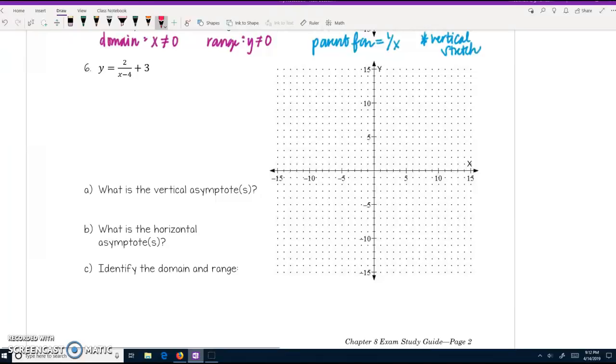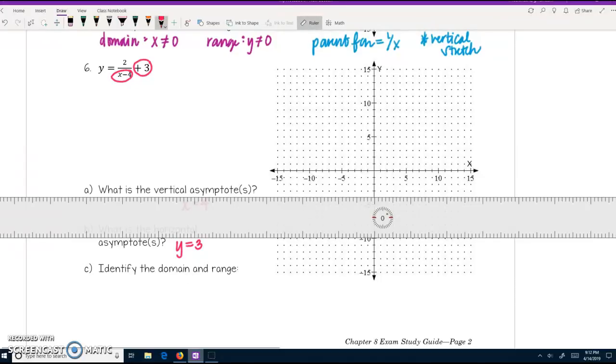So my vertical asymptote here comes from taking a look at this x minus 4. And I know that if I plug 4 into that expression, I'm going to get 0, which means I would try to divide by 0, which is something I can't do. So my vertical asymptote here is going to be x is equal to 4. Then when you have this equation in your HK or translated version of the equation, this plus 3 is going to be your horizontal asymptote.